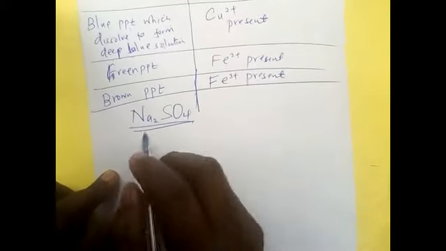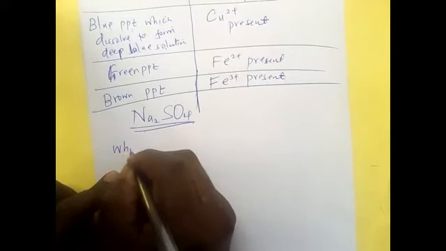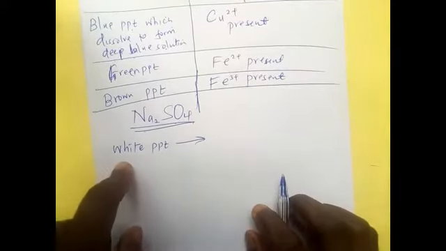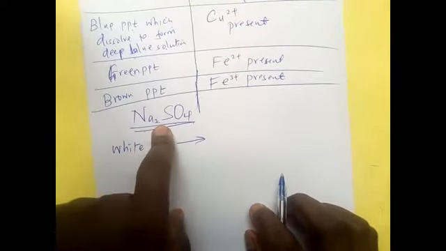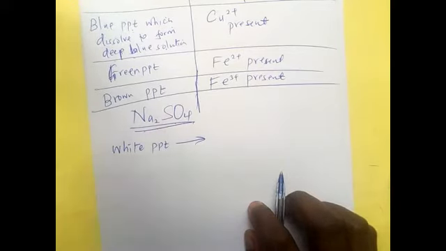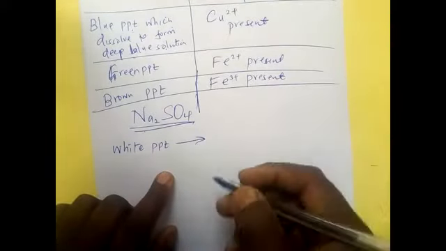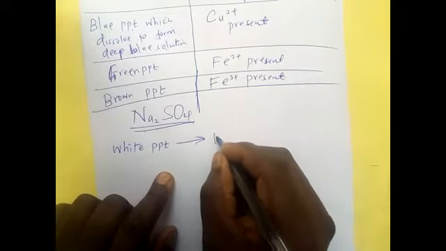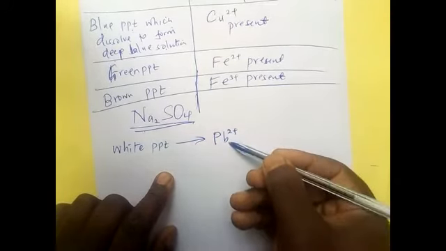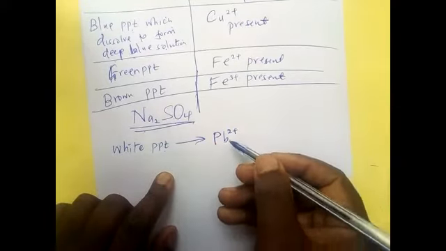When you add 2 drops of sodium sulfate, a white precipitate is formed. So that simply tells you that inside there could be lead ions. Why lead? Lead plus sulfate forms a white precipitate, which is lead sulfate.